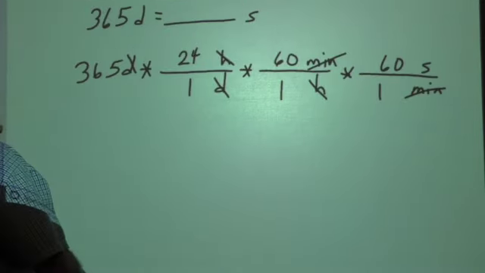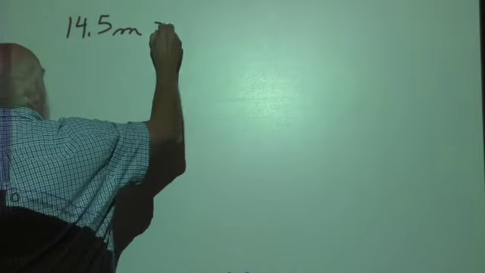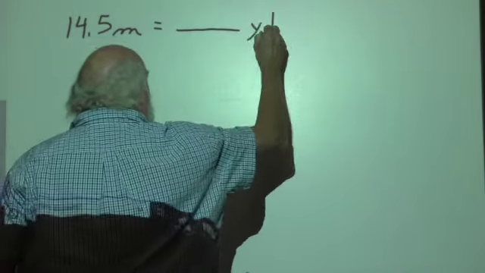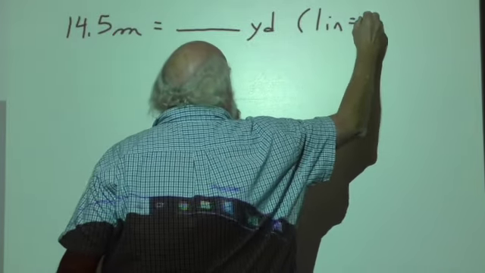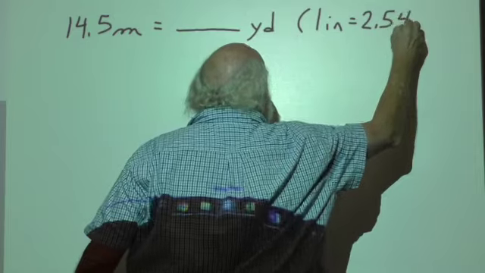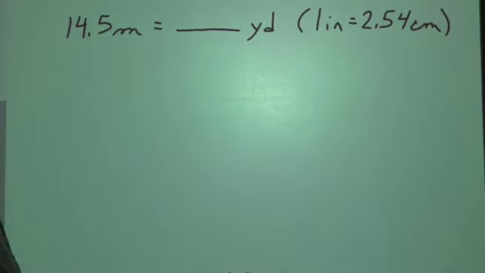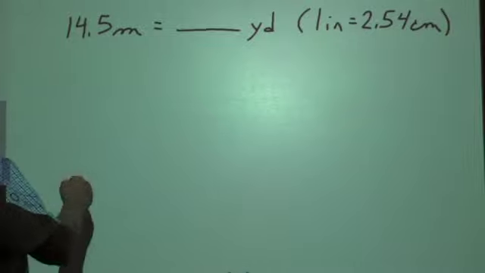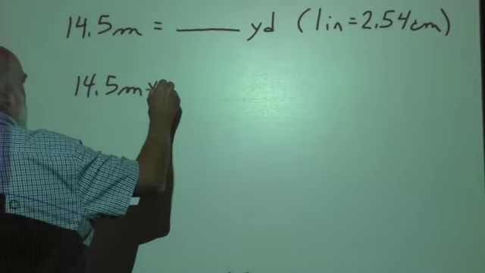Let's take a look at that one. 14.5 meters equals blank yards, and we're going to use the conversion that 1 inch equals 2.54 centimeters. Okay, so we take 14.5 meters times fraction line.